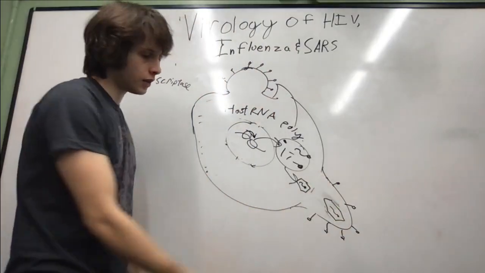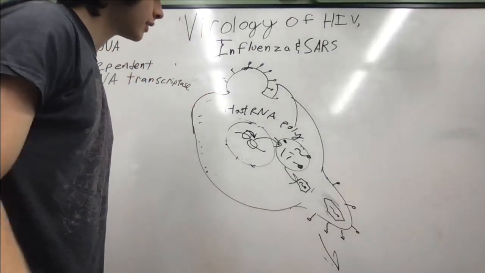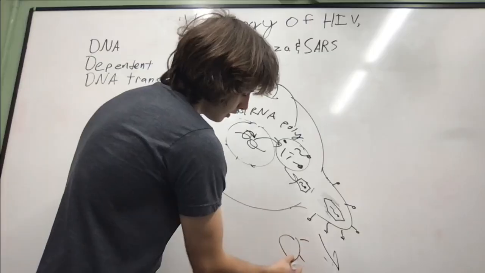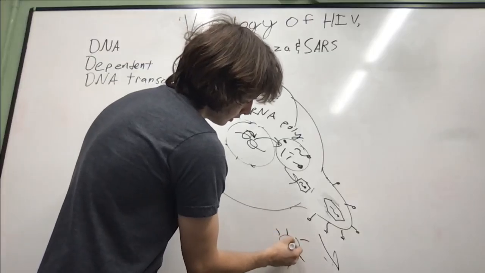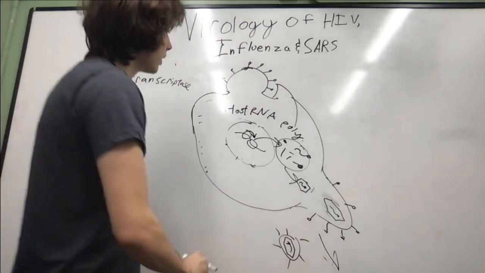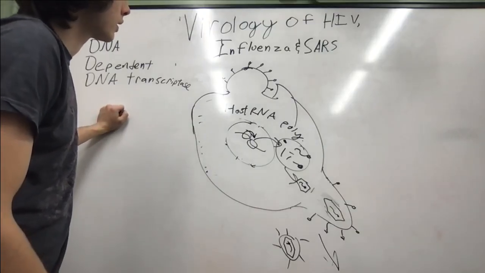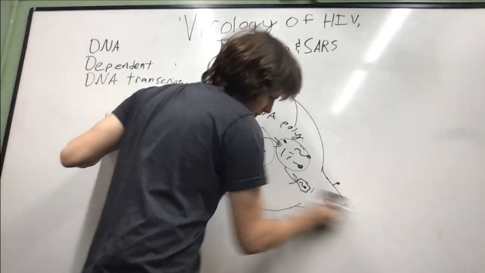Okay, and this blobs out, and with little RNAs, they go in and hurt more people. It's not good. So yeah, that's the HIV life cycle.